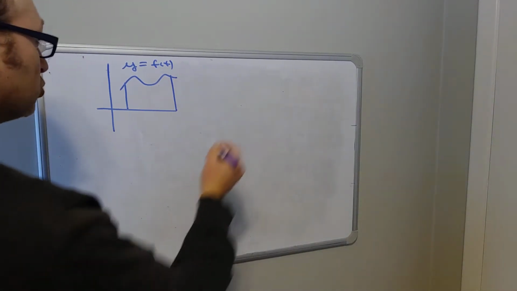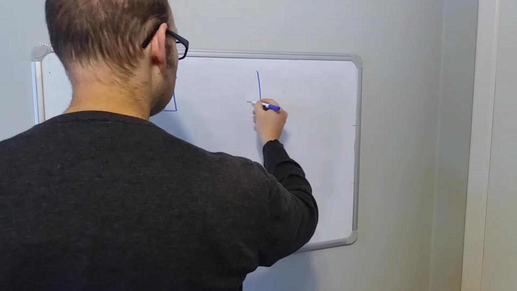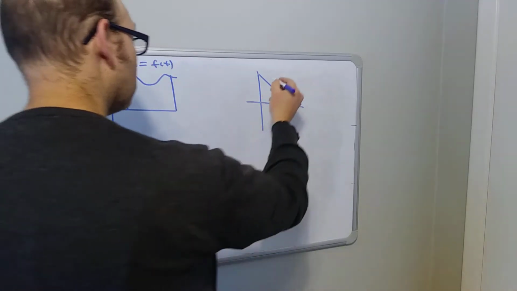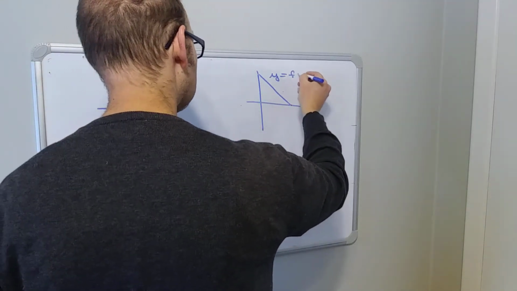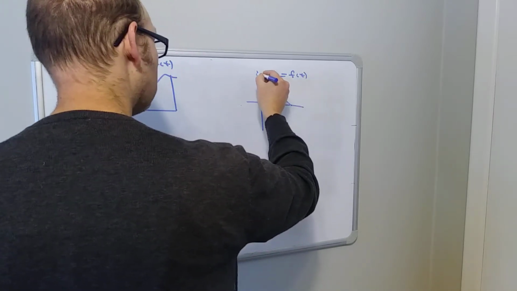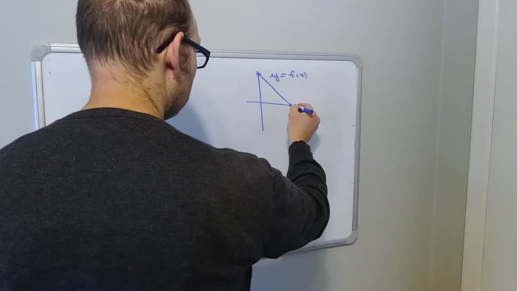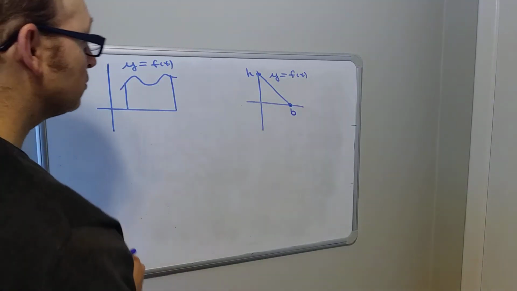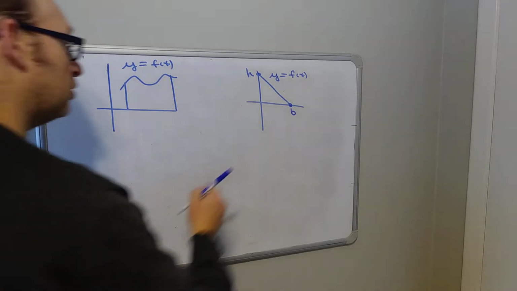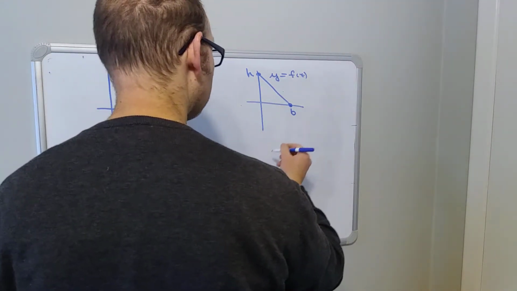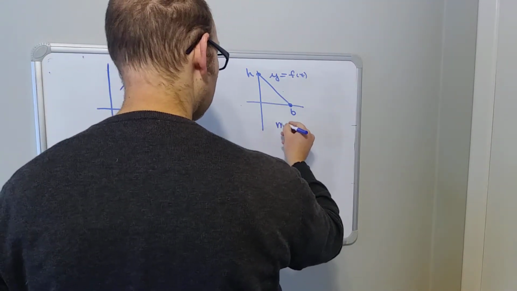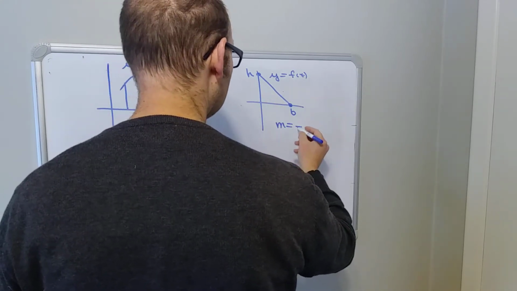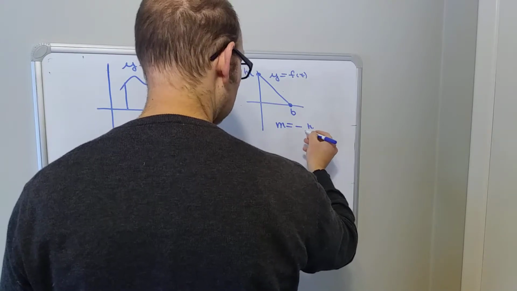So some examples. Well, we could have, and we'll do this example, a triangle. So y equals f of x. So suppose this is the base b and this is the height h. We could figure out the formula for this, right? The slope would be, it's a negative slope, and the change in y is negative h over b.